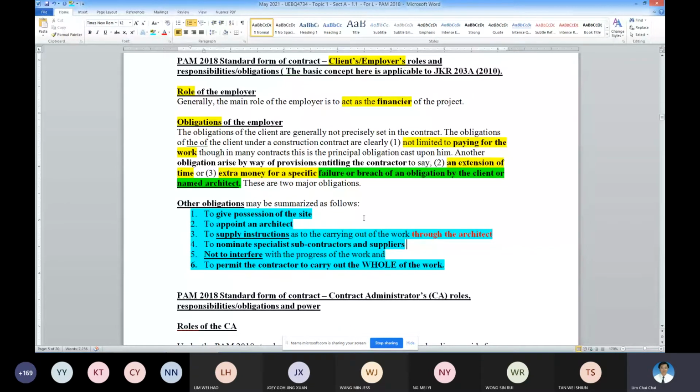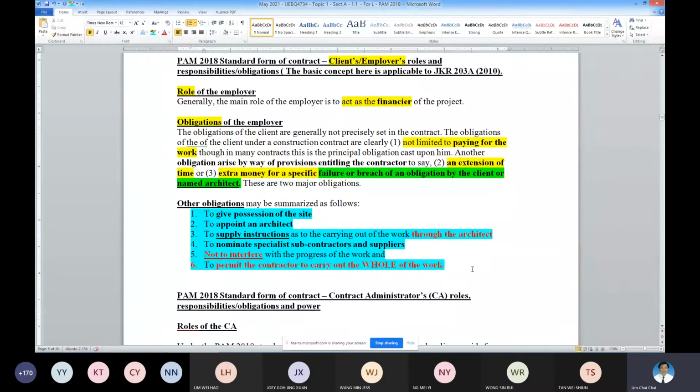Not to interfere with the progress of the work. This is what I say. A lot of owners think that I'm the paymaster, I'm the king, I can go and interfere with the progress of work. They are totally wrong. Very important, not to disturb the contractor, because once you award the contract to the contractor, how the contractor does the works is the contractor's so-called control.